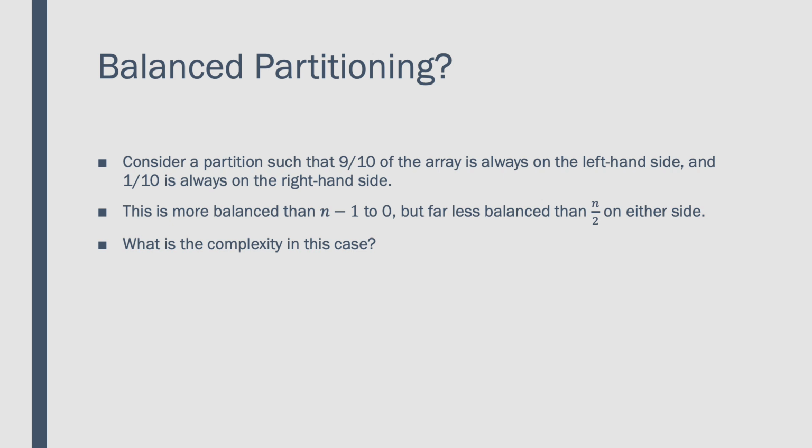With a highly unbalanced partition, n minus 1 and 0, the time complexity will be O(n^2), which represents the worst case scenario. In this case, the recursion tree becomes deeper because the larger partition, like 9/10 of the array, keeps requiring more recursive calls. However, since the smaller side reduces quickly, it's better than the worst case.